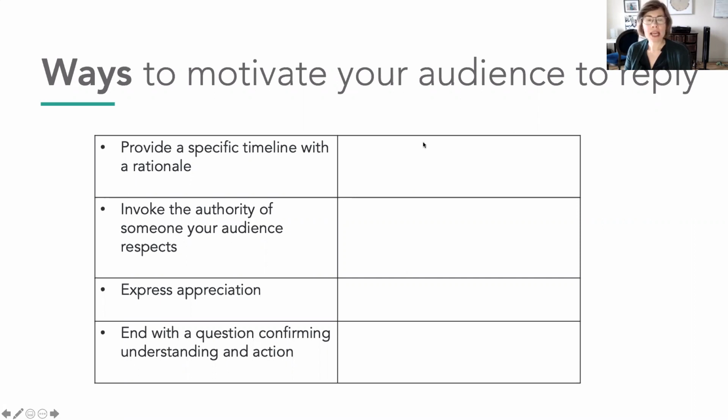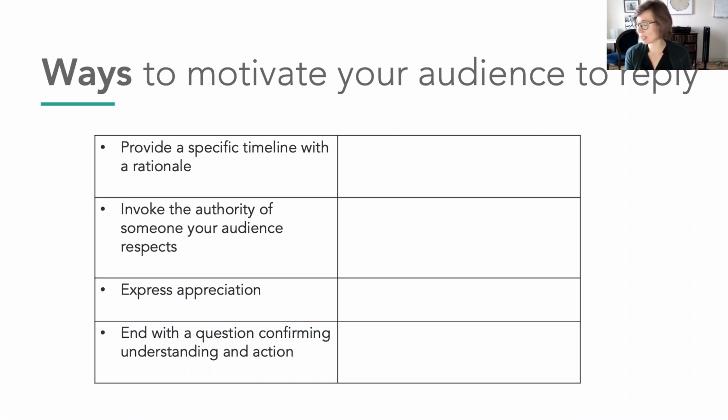You might provide a specific timeline with a rationale. For instance, and I'll write this in the chat, you might indicate that something can't happen unless you get this piece of information on time. Or to flip that around, you might say, this will enable me to do such and such.